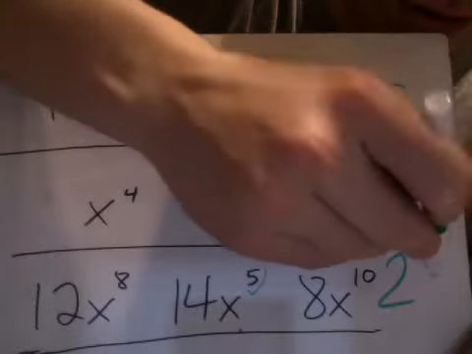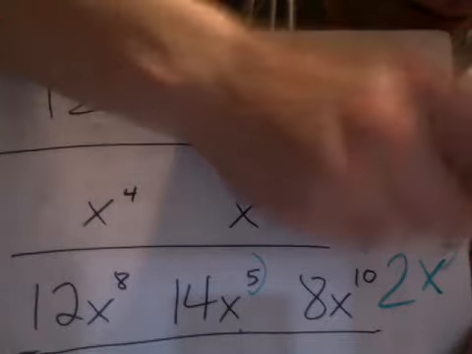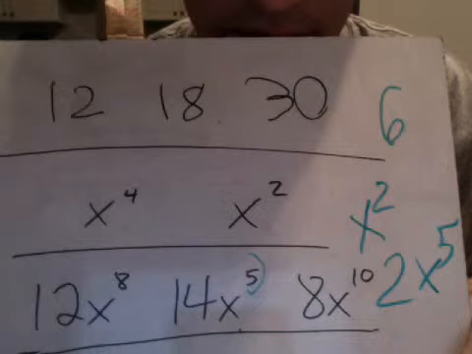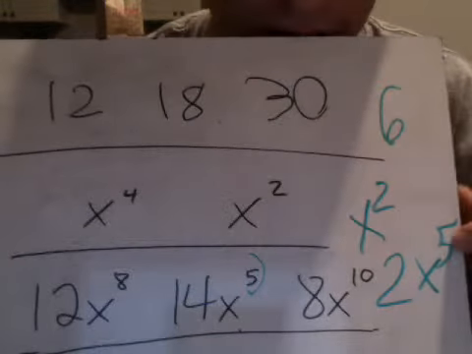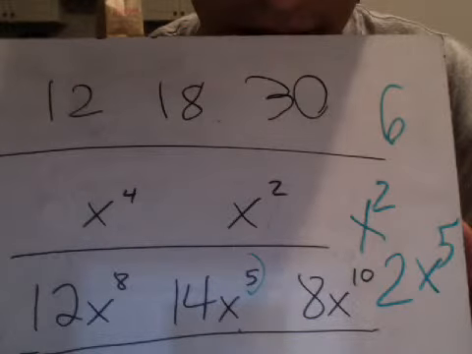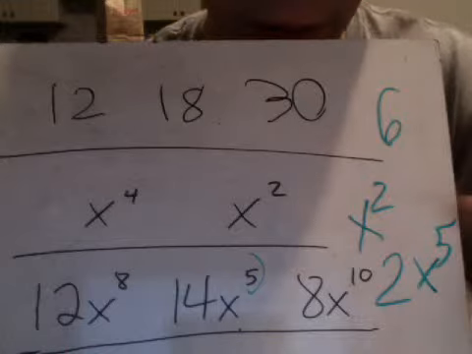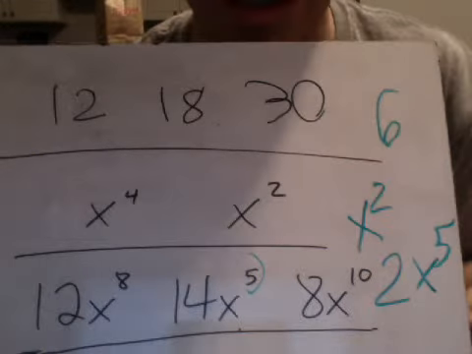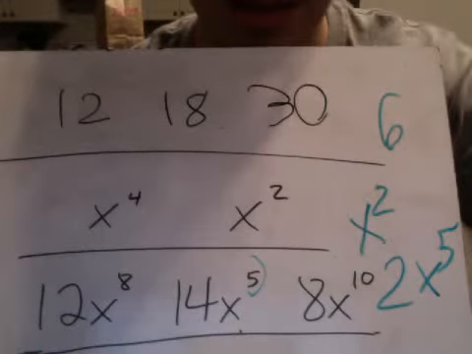So 2x to the 5th is the greatest common factor. It is the biggest number that will go into all three things. If I chose a bigger exponent, then I wouldn't still be able to multiply in to get 14x to the 5th.